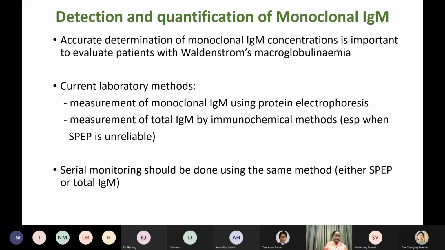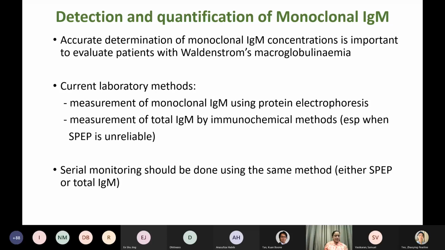Accurate determination of monoclonal IgM concentrations is important to evaluate patients with Waldenström macroglobulinemia. We usually measure monoclonal IgMs using protein electrophoresis and densitometric assessment. We could also use total immunoglobulin measurements by immunochemical methods.